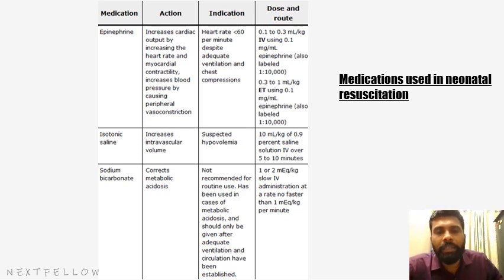That is the catch there. And the dose is actually 0.1 to 0.3 ml per kg intravenously of 1 in 10,000 solution. But now with the recent NRP, the 2020 neonatal resuscitation protocol, there is a change. For convenience, it is taken as a fixed value of 0.2 ml per kg of 1 in 10,000 solution.